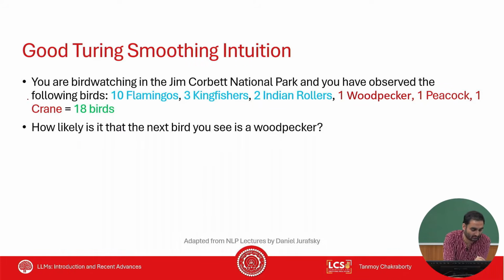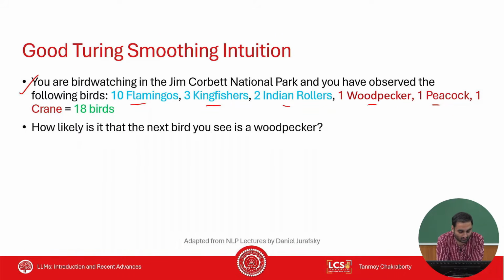Let's assume that you are bird watching in, let's say, Jim Corbett National Park, and these are the birds that you have already observed: 10 flamingos, 2 kingfishers, 1 Indian roller, woodpecker, peacock, and so on and so forth. There are 18 birds that you have observed so far.